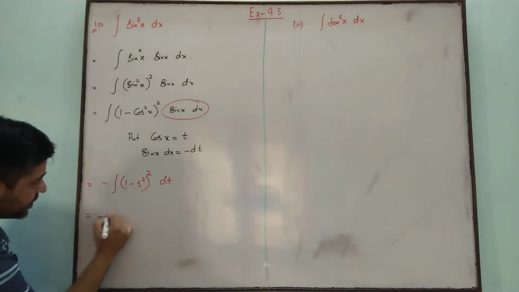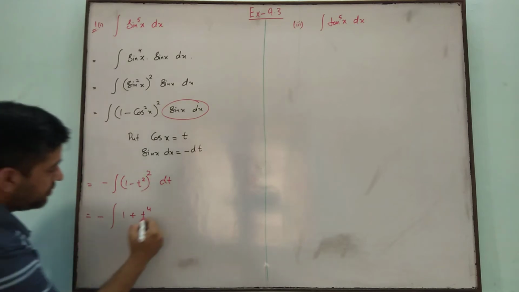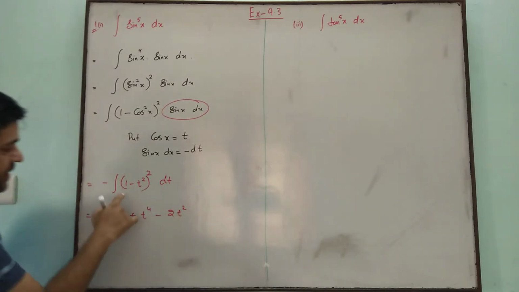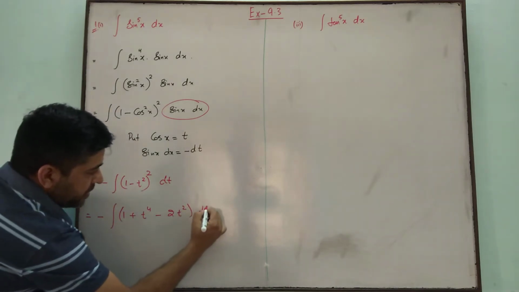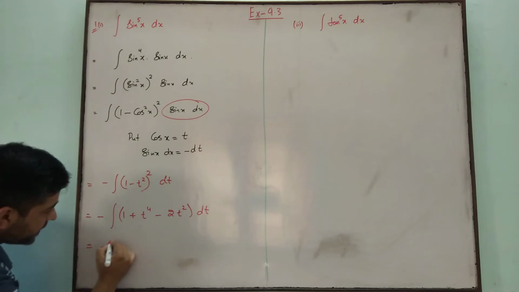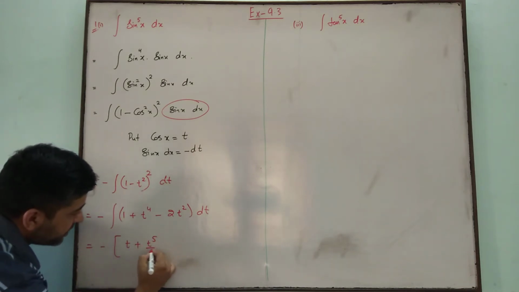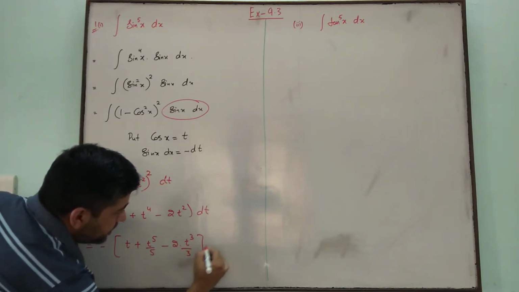That is 1 plus t4 minus 2t square, like a square plus b square minus 2ab. Integrating this, we will get t, t to the power 5 by 5, t cube by 3 plus c.